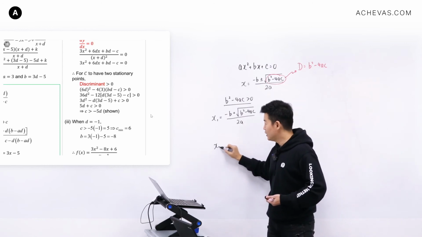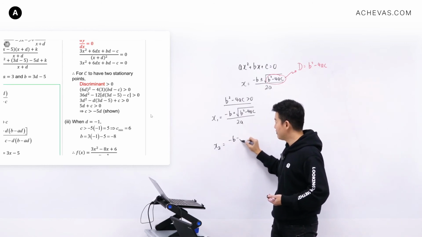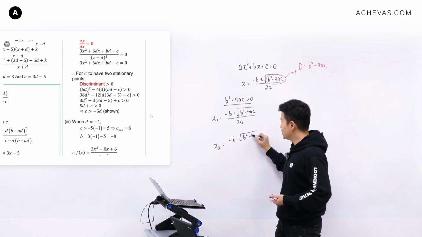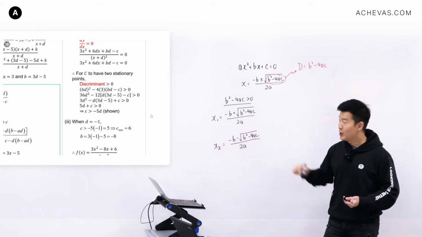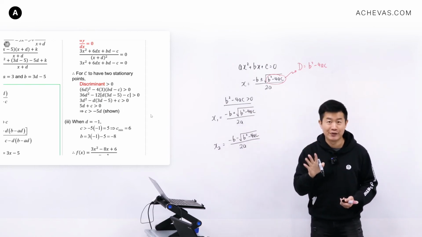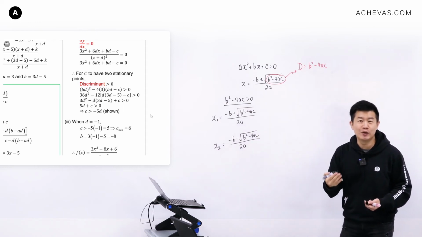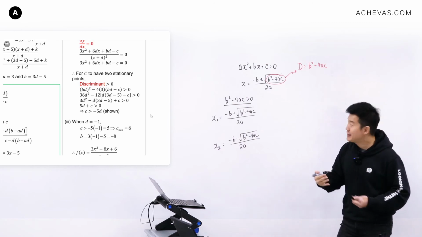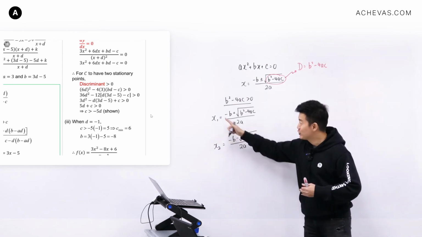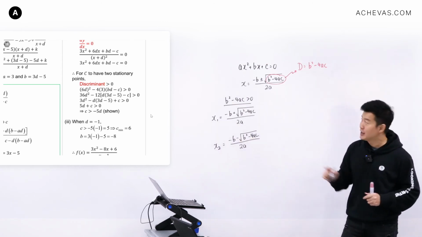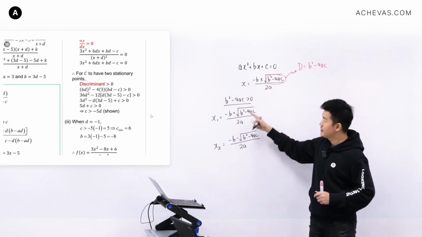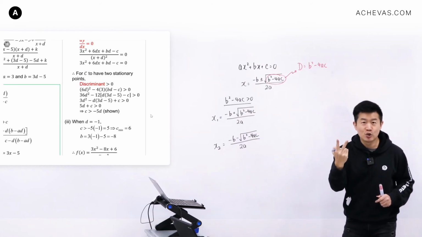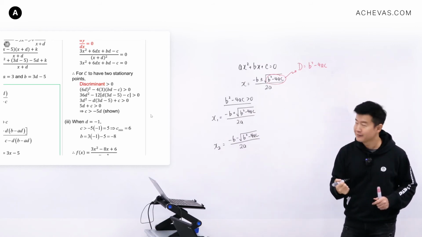The other root will be minus b minus square root of b squared minus 4ac divided by 2a. We are getting two distinct roots. Which means that if I am not interested in the actual values of the roots, by analyzing just b squared minus 4ac, I will be expecting two distinct roots.